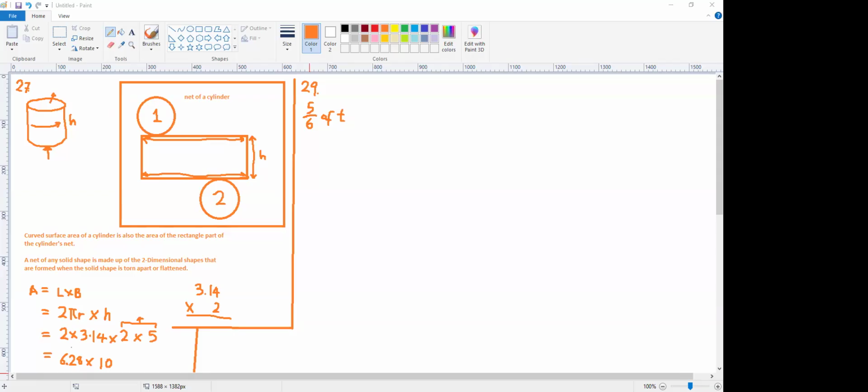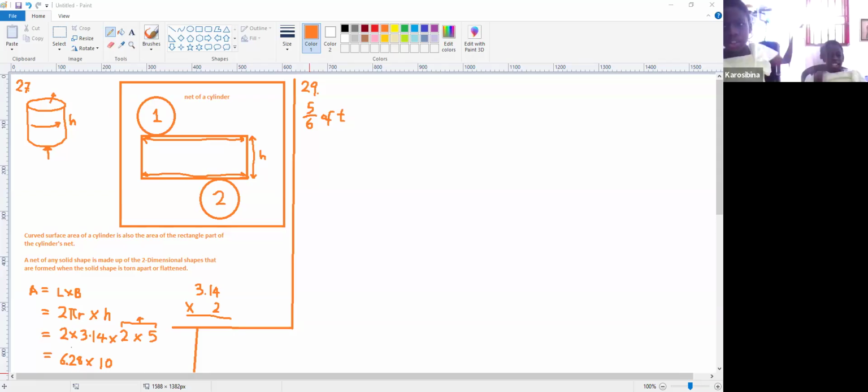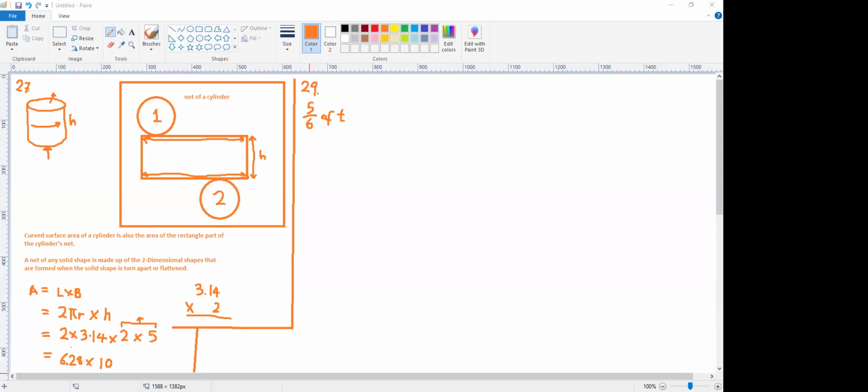Now, what does the question say? They say 5/6 of a certain number. After the certain number, what is the next word that you see there? I don't like it that you are playing when I'm reading this. You need to understand what I'm saying.